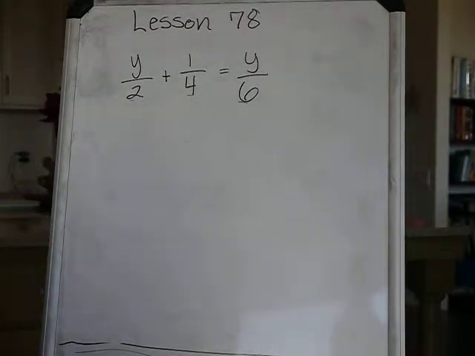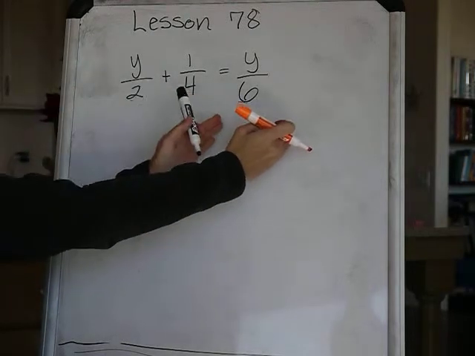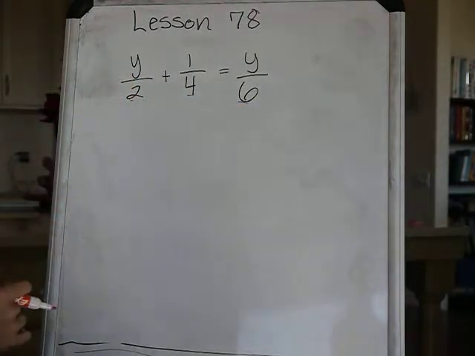This is going to be magic. You're going to multiply everybody in this equation by the number 12. It's allowed because if we do it to this side, we do it to this side, and we've done nothing illegal.